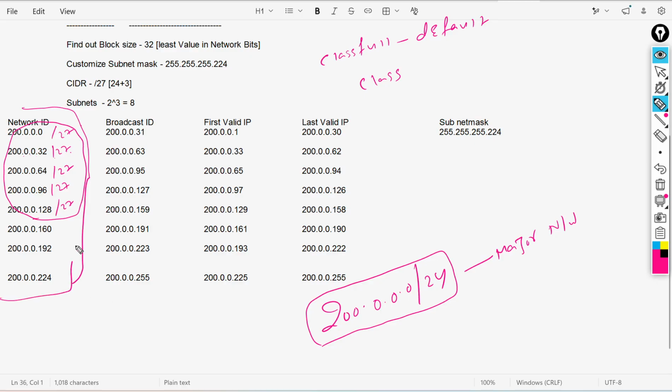These all networks are part of this network. These all are subnets. Subnet means small network, subnetwork. This is the classful, full network. These are subnets, small networks.